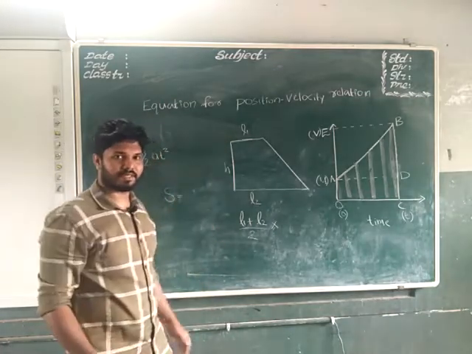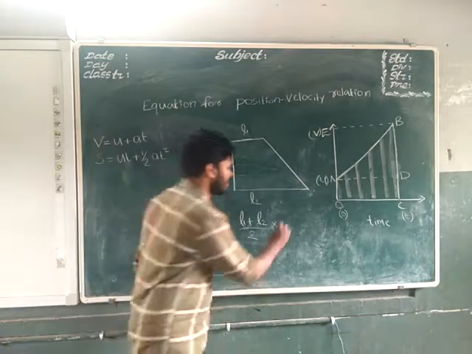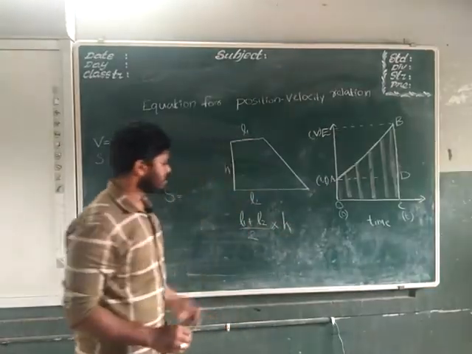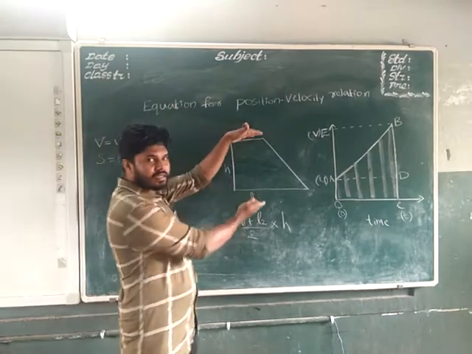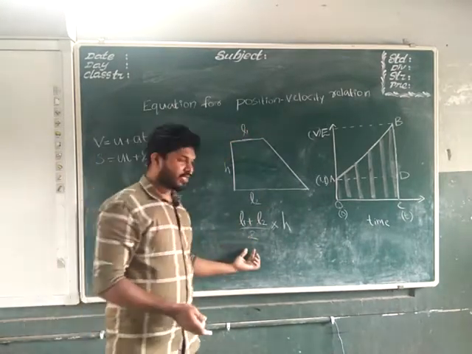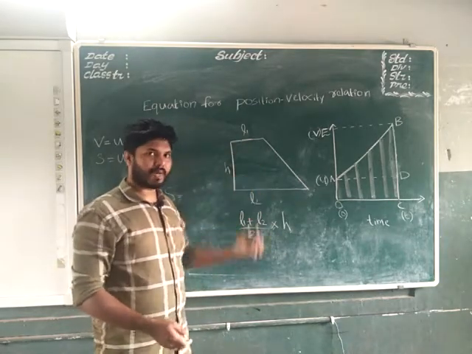That is the height here, or it is given as breadth somewhere you studied. So it becomes h. This is the equation for the area of a trapezium: sum of parallel sides divided by 2 into the distance between the two parallels.